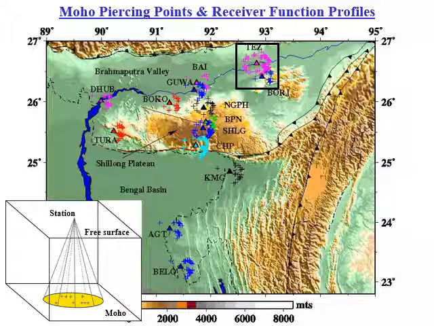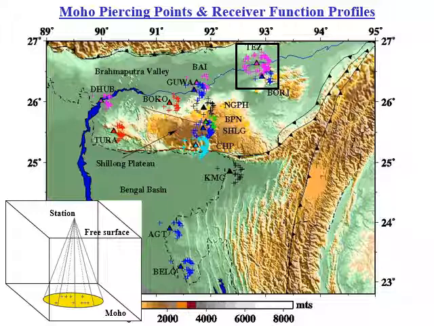Remember that these rays are inclined to the vertical, and therefore they do not hit the Moho vertically underneath the station, but at an angle, and therefore they sample a conical region which is shown by the schematic on the bottom left. That's why you have all this distribution of piercing points around the station. Therefore, it allows us to abstract the three-dimensional nature of the structure underneath every station.